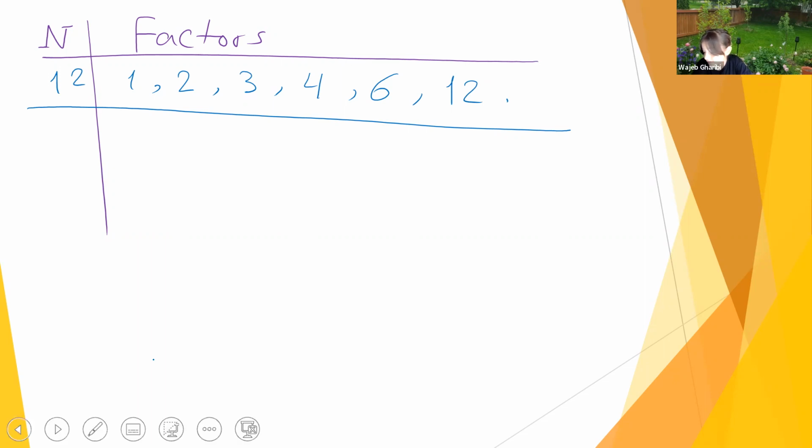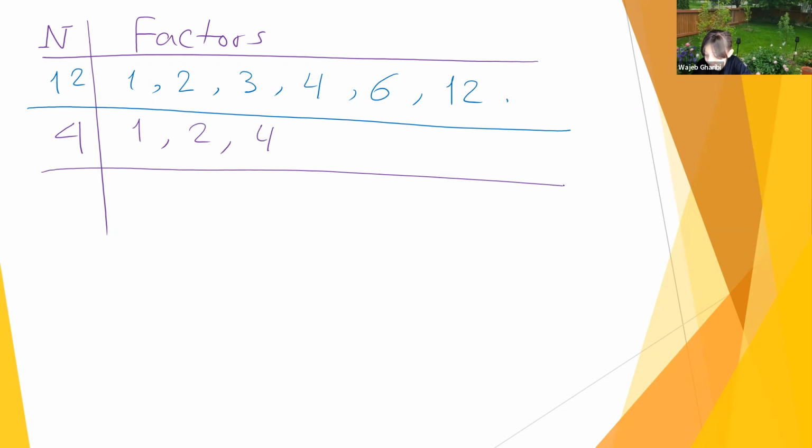Let me take another number, 4. What are the factors of 4? We start from 1, 2, and 3? No. 4 itself, yes. How about 5? 1, yes. 2, no. 3, no. 4, no. 5 only.